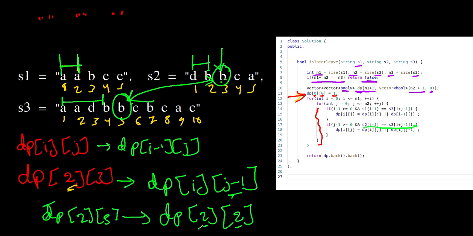Now if dp of 2, 2 is true, the answer will also be true. If it's false, it will not affect the answer of dp of i, j. So generally, we need to check two conditions: dp of i minus 1, j and dp of i, j minus 1.